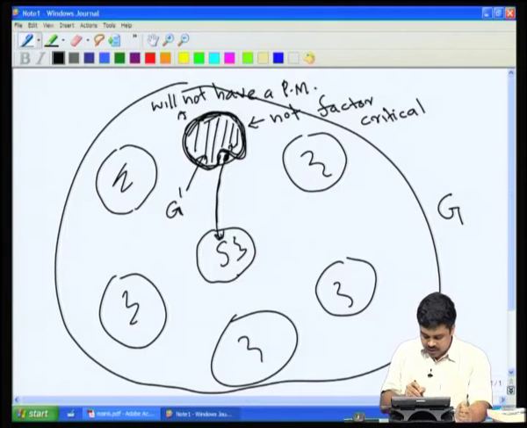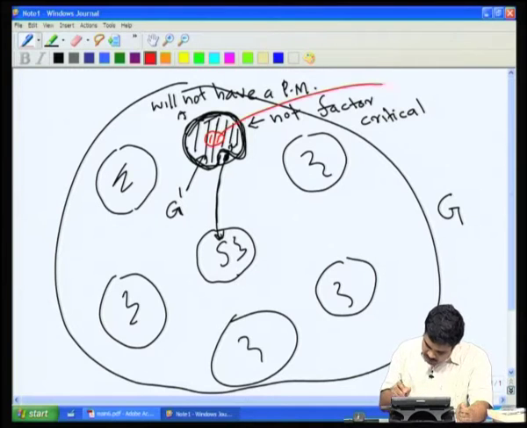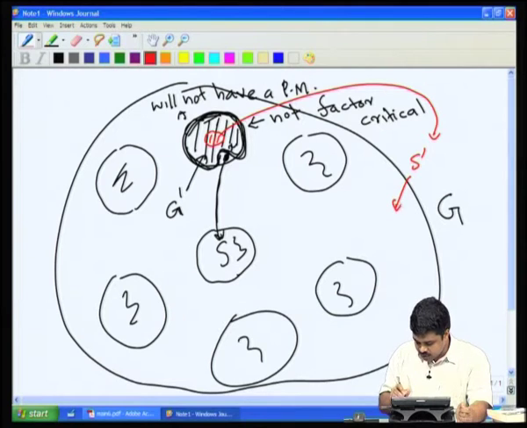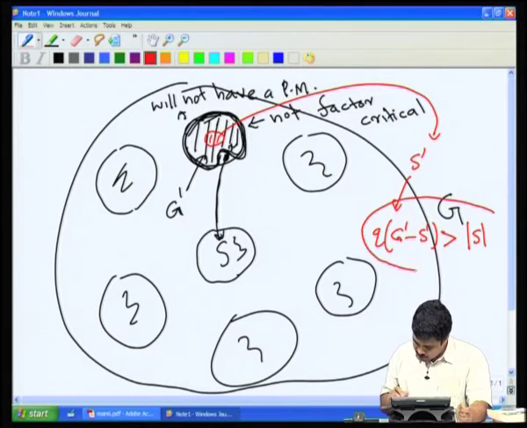That means we can always locate a subset S dash in that, such that it will be a bad set for G dash. That means Q of G dash minus S dash will be strictly greater than the cardinality of S dash. This is the statement of the bad set.